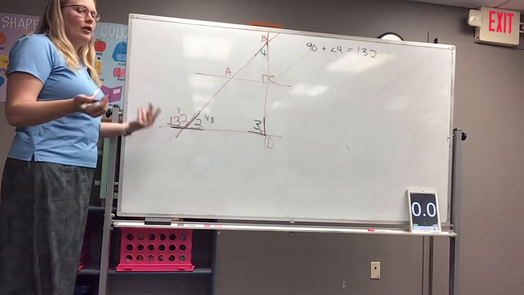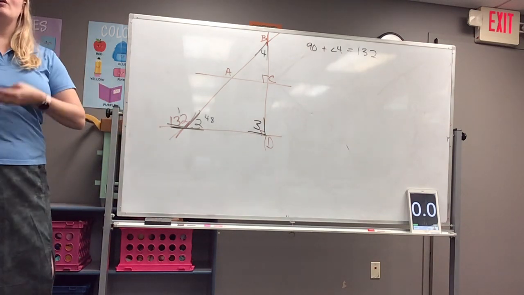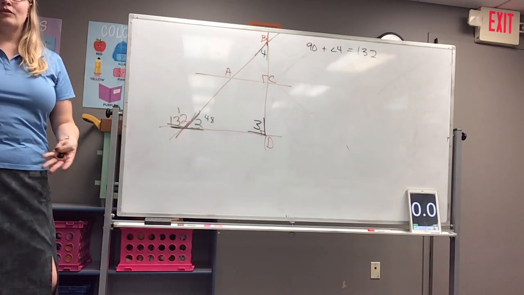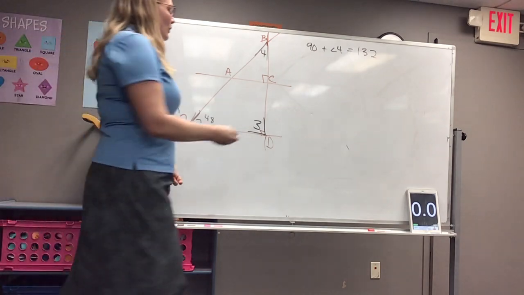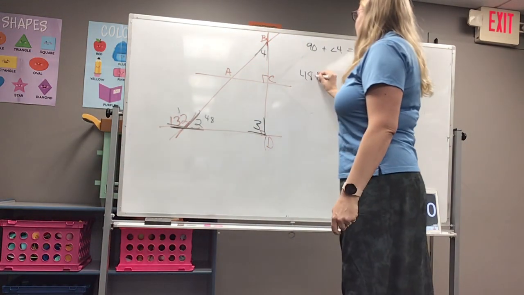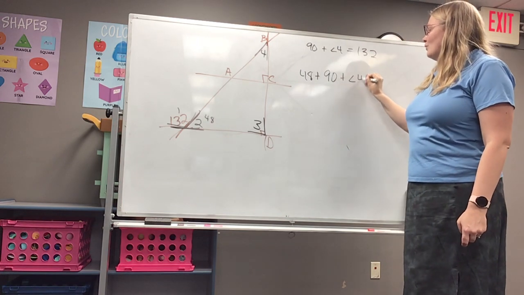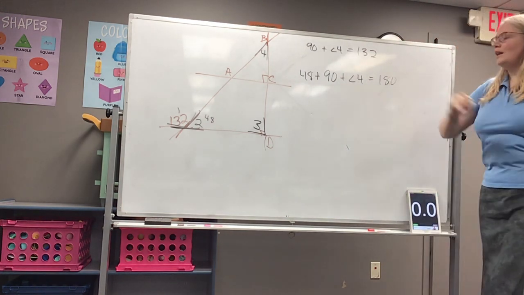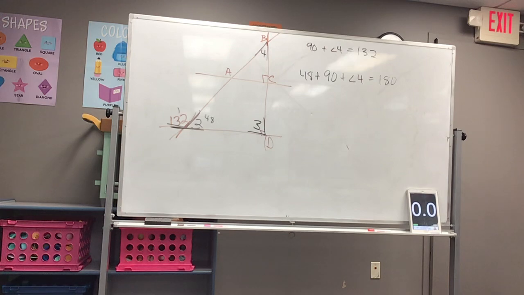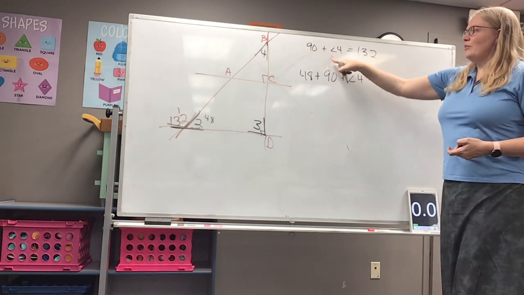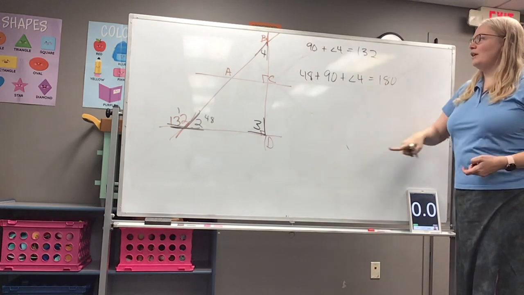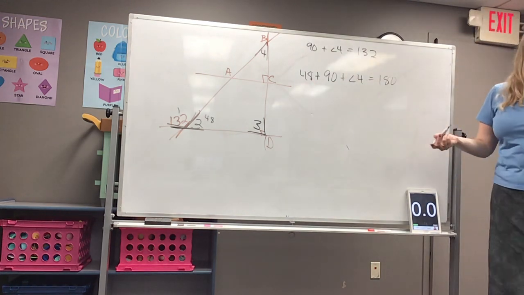And the triangle itself also equals 180. Triangle angles add up to 180, and so we have 48 plus 90 plus angle 4 equals 180, and you can solve that from there. You can see where this one comes from, because if we subtract just the 48, we're right back to this problem.